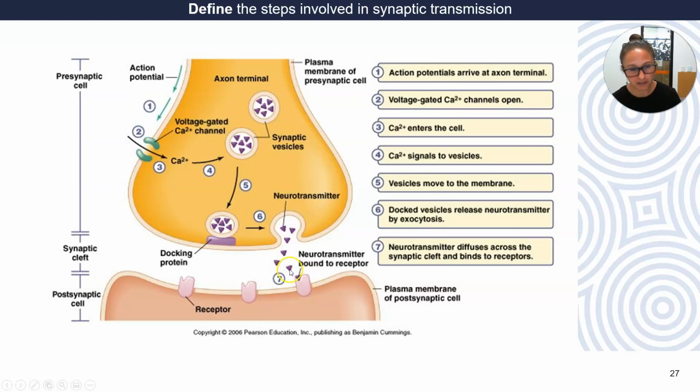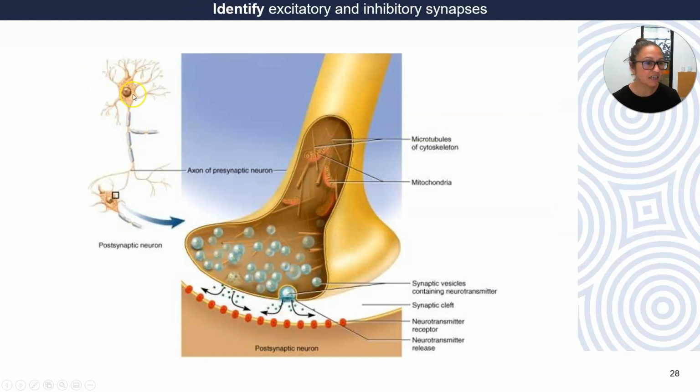When the neurotransmitter binds to this protein, it opens up a channel. So this is neuron number 1, this is neuron number 2, the next neuron along in the chain. Here is another picture. Neuron number 1, neuron number 2. Here are our little synaptic vesicles, the little packets that contain neurotransmitter.